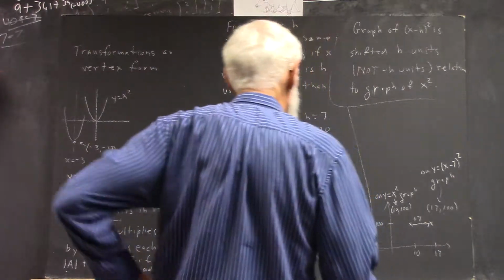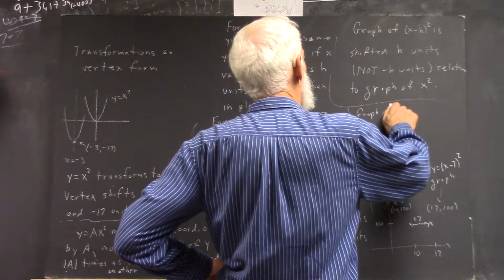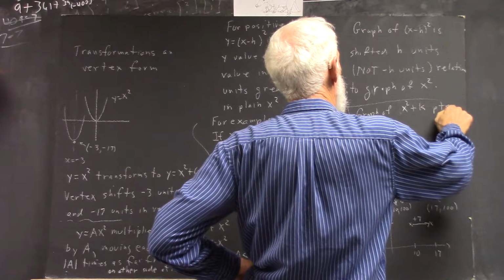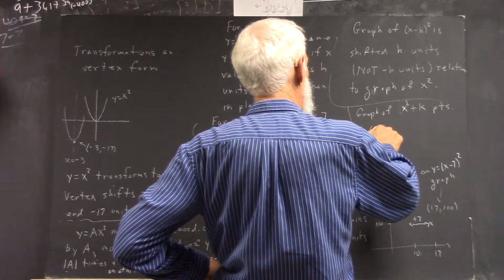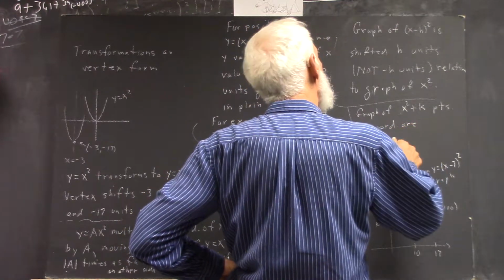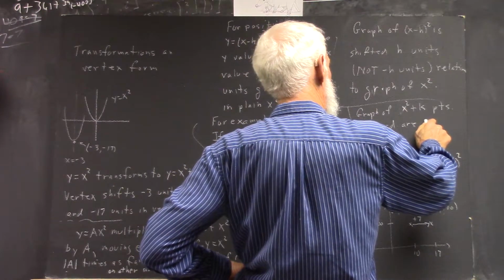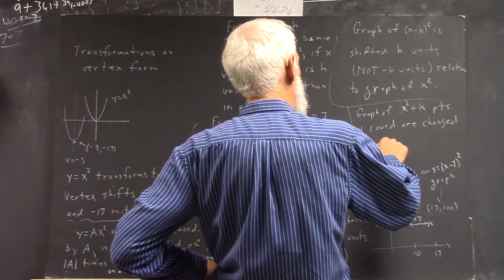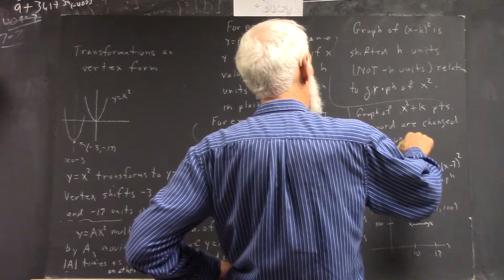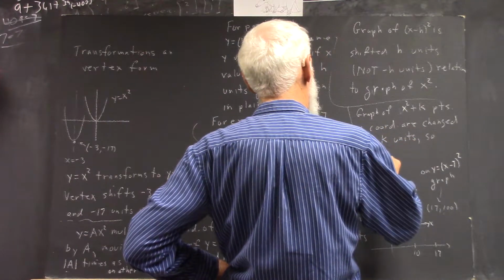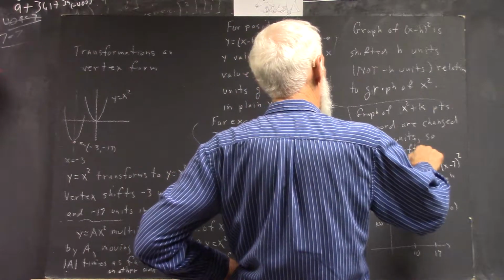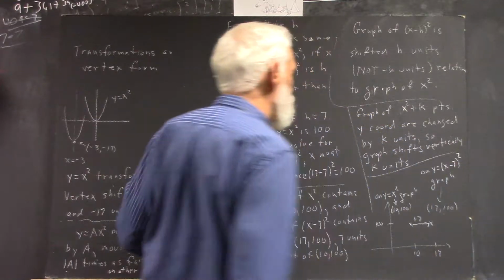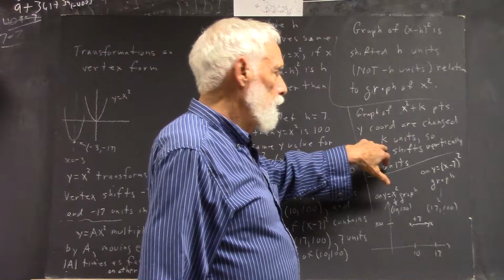Then the graph of x squared plus k, the points' y coordinates are changed from the x squared graph by k units.